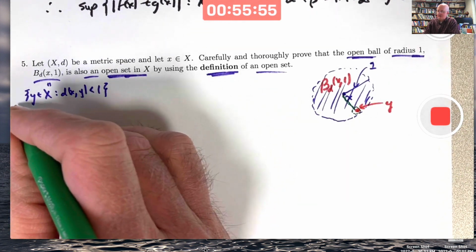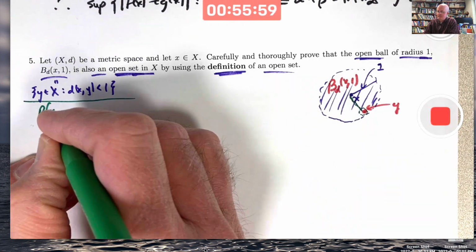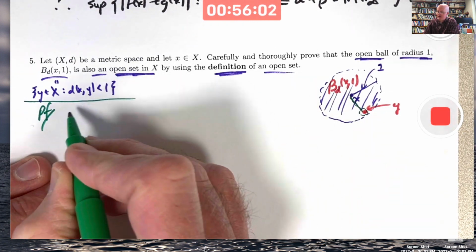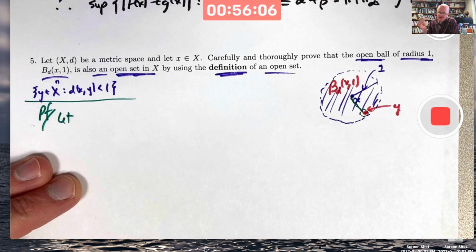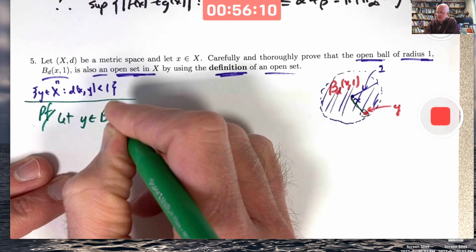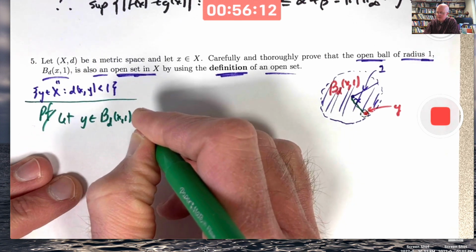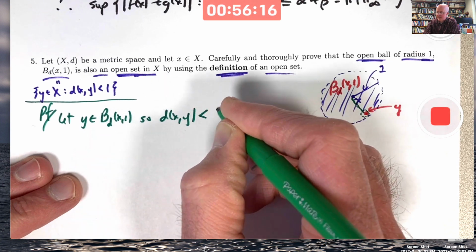So let's start the proof. Trying to show that every point in the open ball is an interior point of the open ball. Let y be an arbitrary point in the open ball. It's in the open ball, so its distance to x is less than 1.